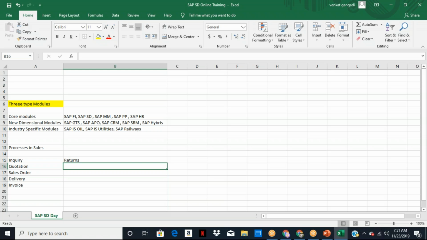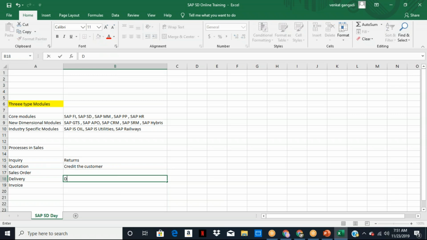Sometimes we need to credit the customer, or sometimes we may need to debit the customer. If you charge less than the actual price, you need to create a debit memo to the customer. If you charge more than the actual price, then you need to send a credit memo to credit the customer.